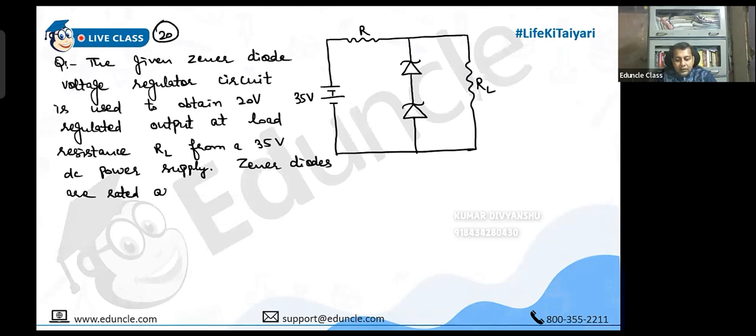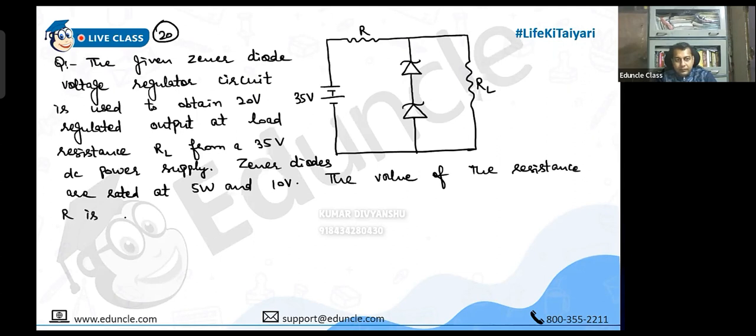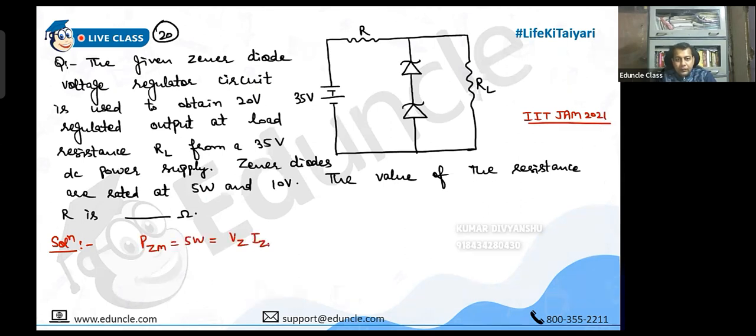Zener diodes are rated at 5 watt and 10 volt. You have to find the value of the resistance R. So this is the max power. From here you can get the max current actually. V is 10 volt, so IZ max is 5 by 10, 0.5 ampere.